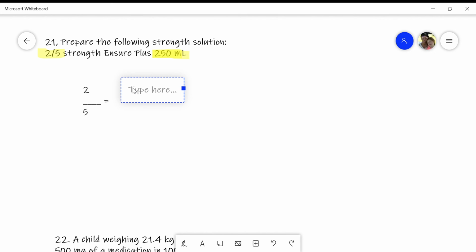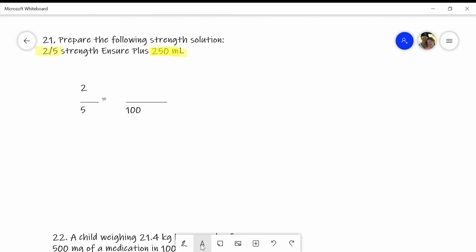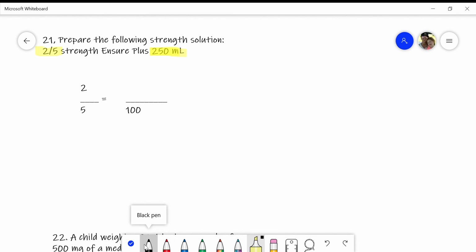So for what percentage, we'll basically do it the same way as the other one. 5 times what equals 100. So 5 times 20 equals 100. So 2 times 20 is going to equal 40.